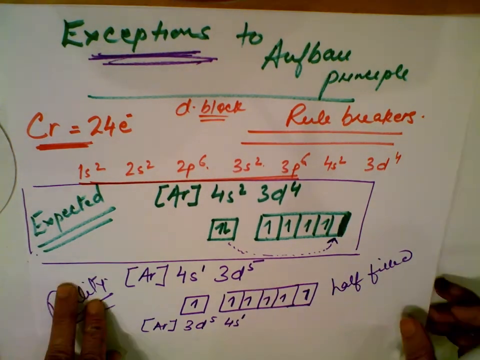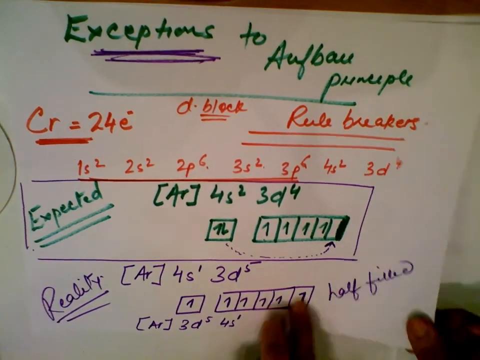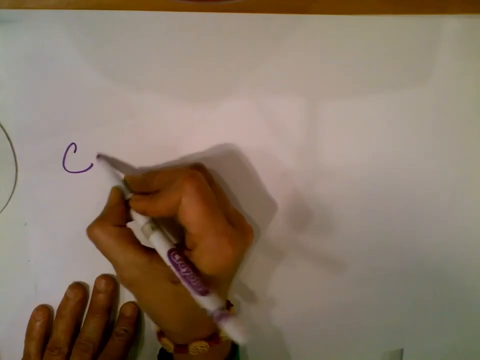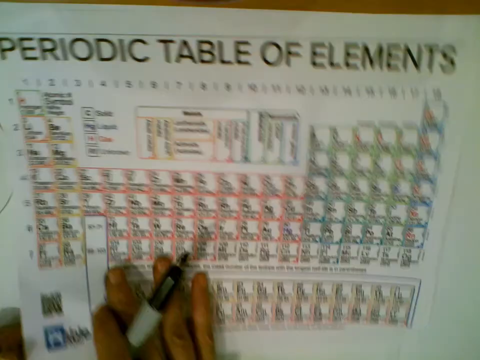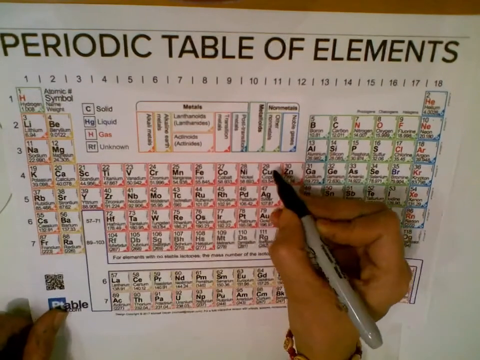And so this was chromium, completely half filled. All right, let me do copper. Look at the periodic table, and copper is 29 electrons. We just did chromium.